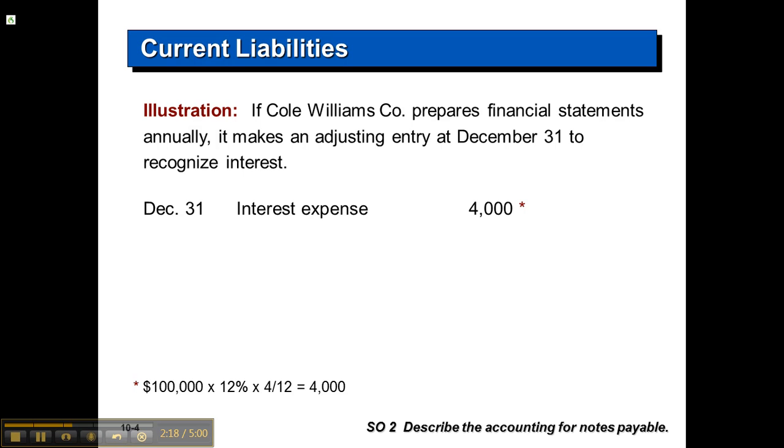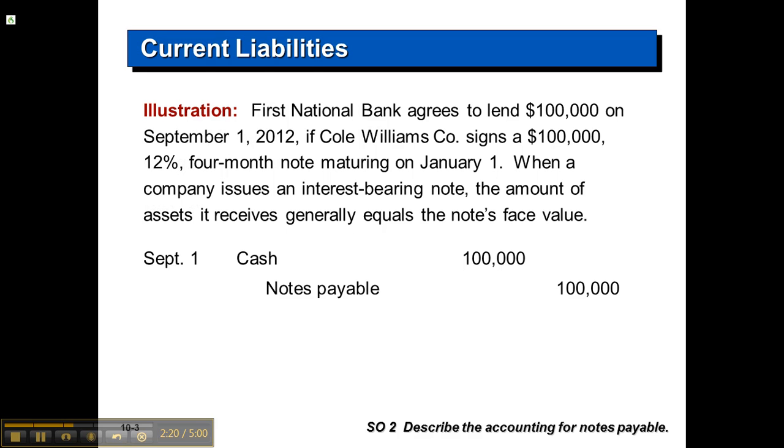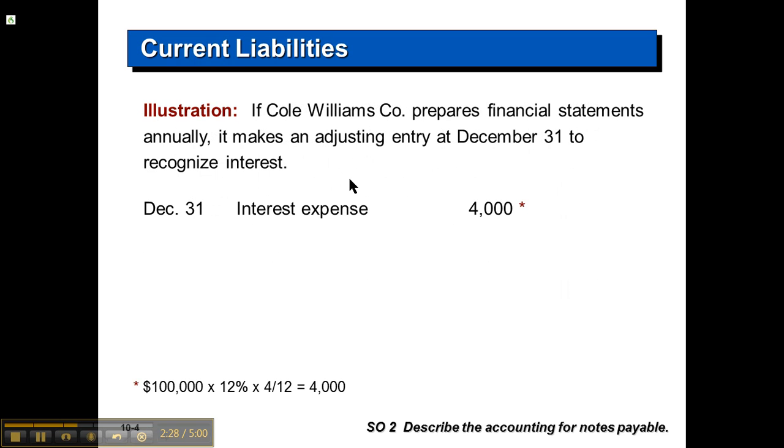That same loan, if we go back, was $100,000, 12% interest for a 4-month period, so a short-term loan. So the interest of $100,000 times the 12%, and only 4 out of 12 months, so fractional time period here, is $4,000 total interest that we've incurred for taking out that short-term loan.